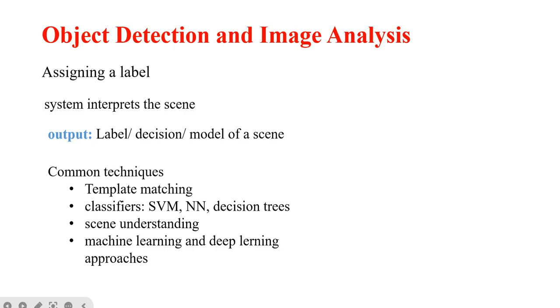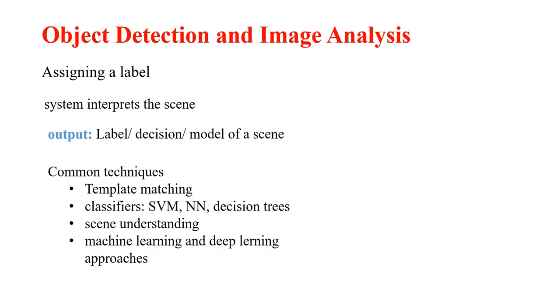Here the goal is to assign labels to the objects to interpret the visual scene, and the output can be a label, decision or model which represents the scene structure. And these are some of the common techniques which are used for object detection and image analysis.